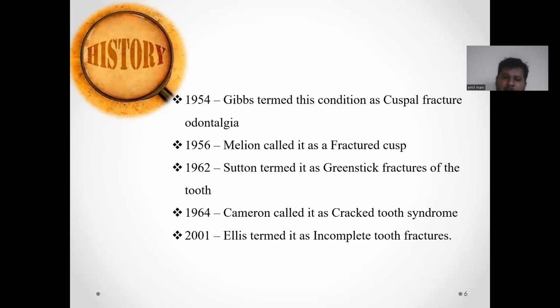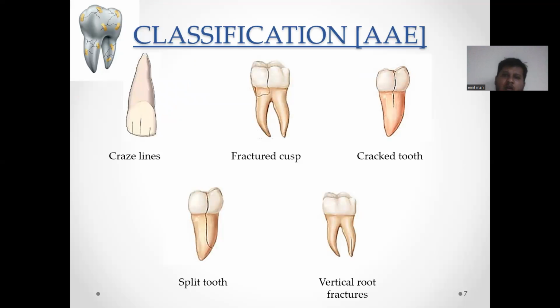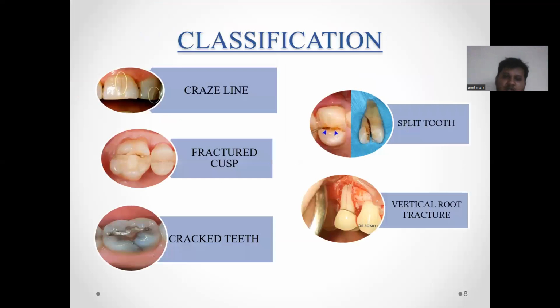It was called as crack tooth syndrome by Cameron in 1964, whereas Ellis termed it as incomplete tooth fractures in 2001. So, AAE, American Association of Endodontics, further classified it as craze line, fractured cusp, cracked tooth, split tooth, and vertical root fractures.